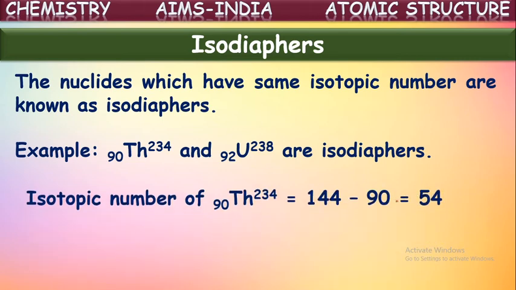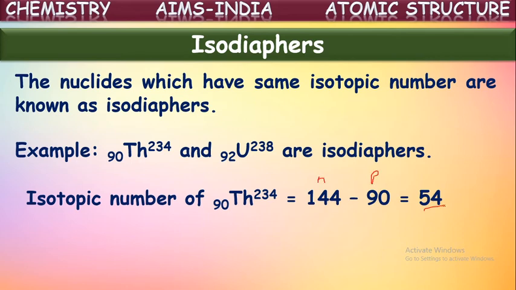If we say the isotopic number of thorium, how do we get it? Its number of neutrons: if you subtract this 90 from 234, we get its number of neutrons as 144. And its atomic number or number of protons is 90. So we get the difference between the number of neutrons and protons as 54.